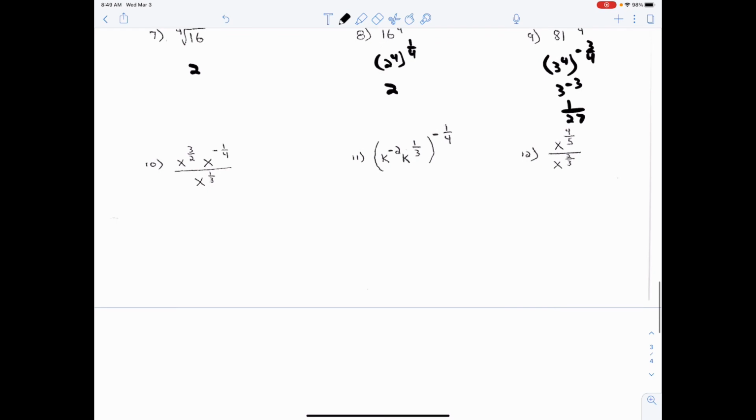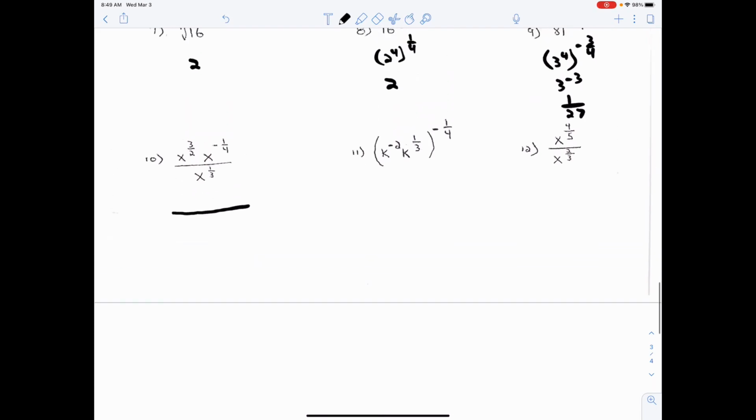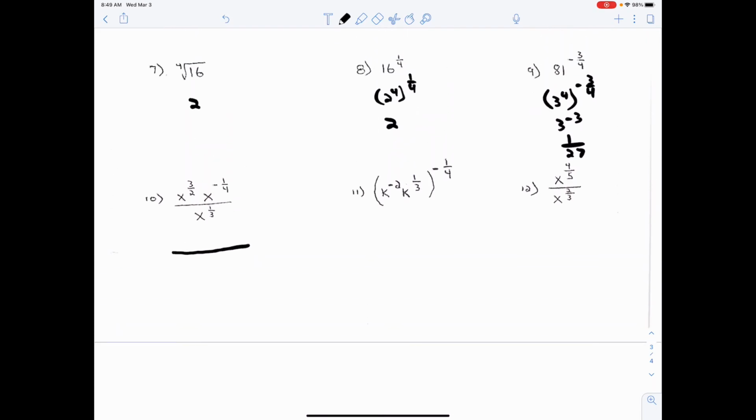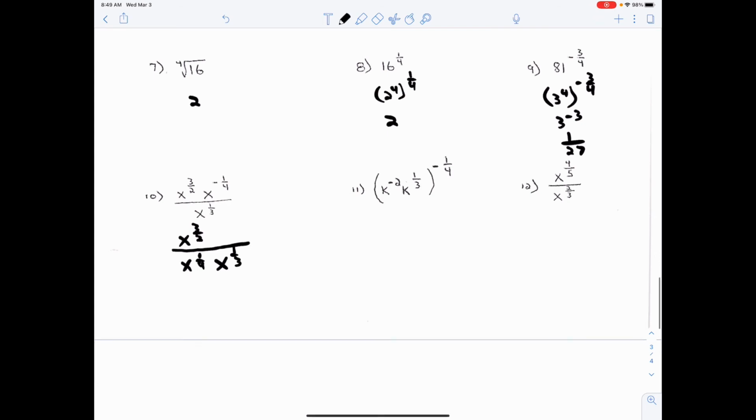Okay, number 10, again, with negative exponents, I don't really deal with negative exponents except on number 11, where you distribute the exponent first. But here, I have x to the 3/2. The x to the 1/4 goes to the bottom, because it's a negative exponent, and the x to the 1/3 is already on the bottom. So then what are we going to do?